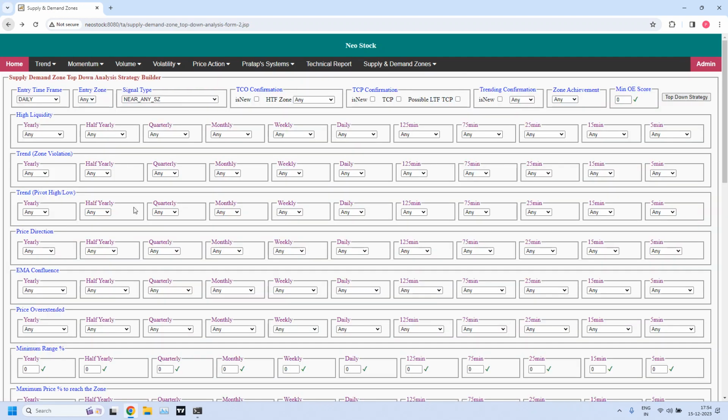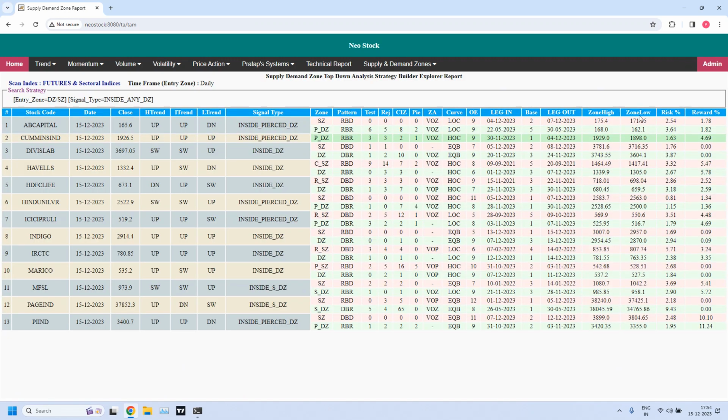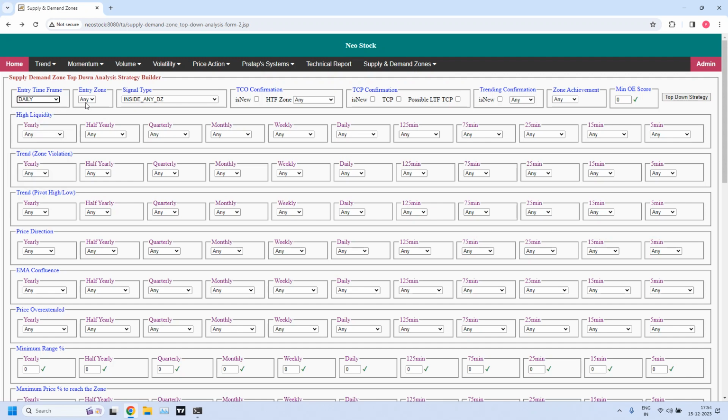So let's go back. For entry time frame daily, let us find the stocks where price closed inside daily demand zone. So these 13 stocks price closed in daily demand zone. Let's go back. Entry time frame daily.